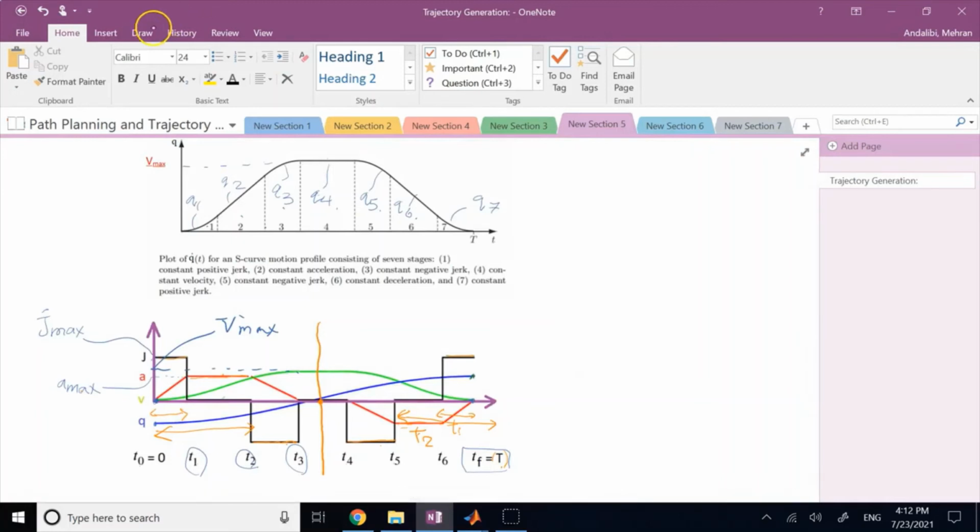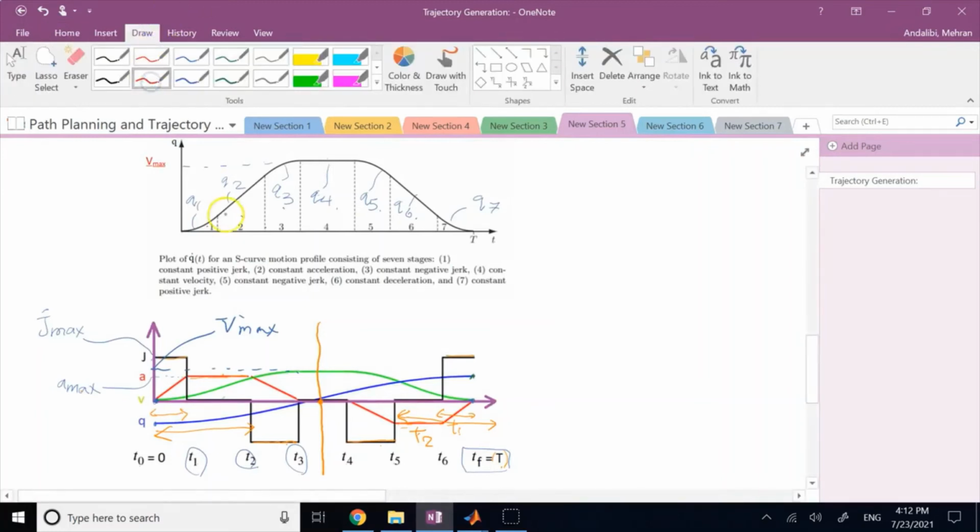At each one of these intersection points, which is T1, T2, T3, T4, T5, and T6, not only the Q's should have the same number, the Q dots should have the same number, as you can see, because your Q dot is a smooth function, and your Q double dots, or A's, should have the same number because you see it's a continuous function.